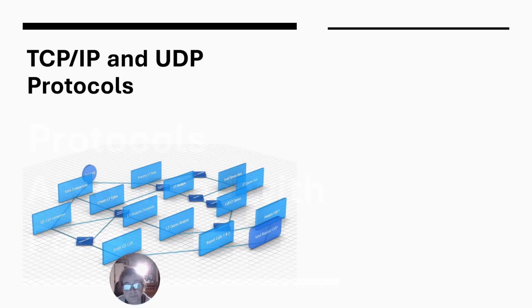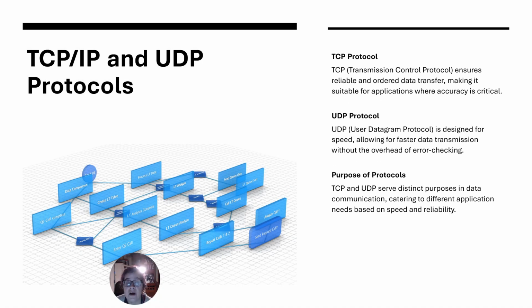Okay, protocols associated with ports. Some things you may or may not know are TCP/IP and UDP. TCP, Transmission Control Protocol, ensures reliable and ordered data transfer, making it suitable for applications where accuracy is critical. UDP, User Datagram Protocol, is designed for speed, allowing faster data transmission without the overhead of error checking.